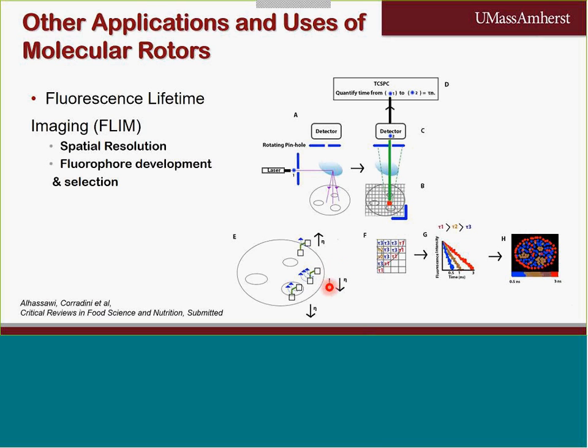By mapping each of the particular parts of this image, we will be able to establish different lifetimes for the performance of that molecular rotor in different environments with different viscosities.